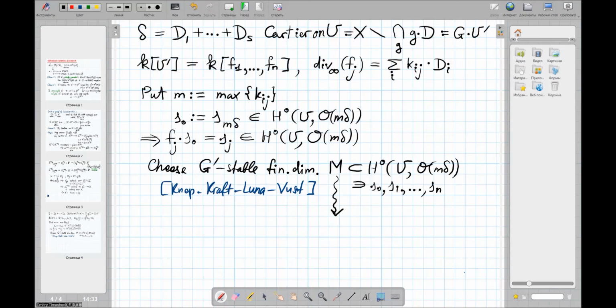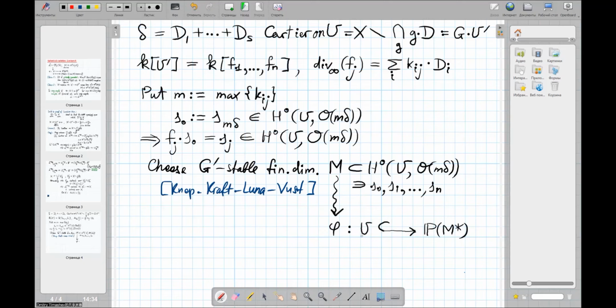It is associated with U. So this defines a map phi from U to the respective projective space P of M star. And I claim that this map is everywhere defined and it is an embedding.